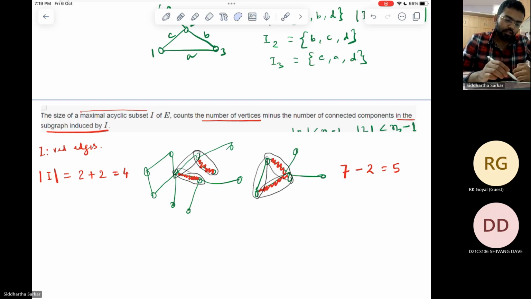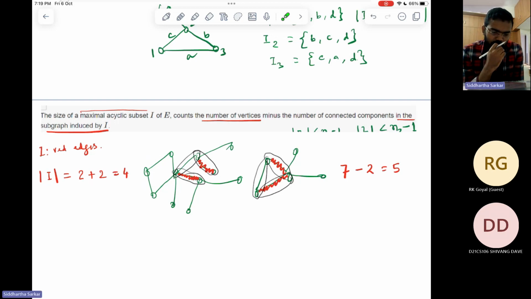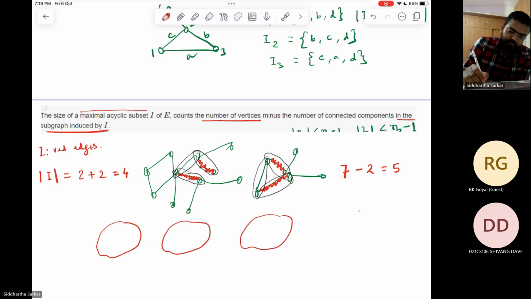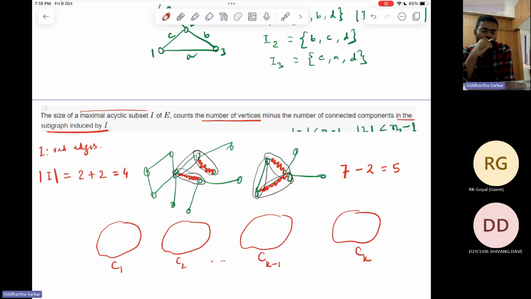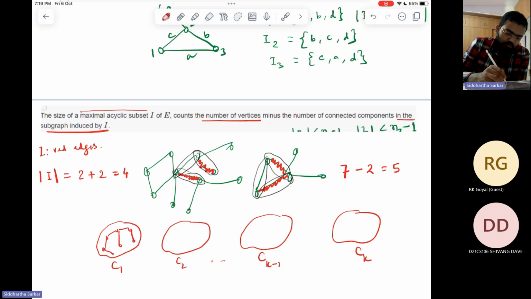Now consider, if I is a maximal acyclic subset of E, then the number of vertices minus the number of connected components in the subgraph induced by I. So now consider the subgraph induced by I. Let us say there are multiple components, some k components, in the subgraph induced by I. Because I is a maximal acyclic subset, each of these components is also a tree, as we have seen.